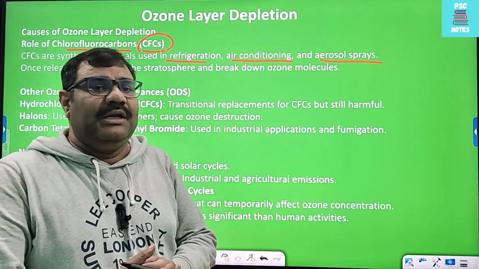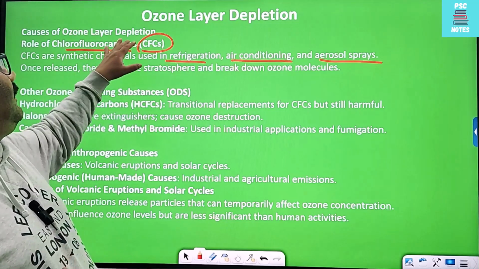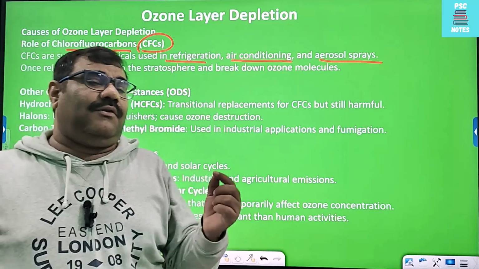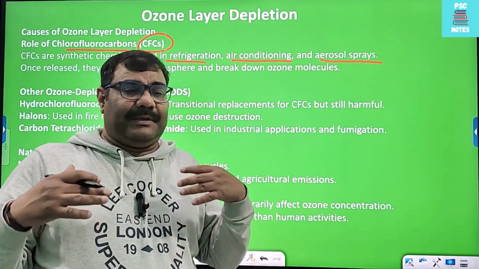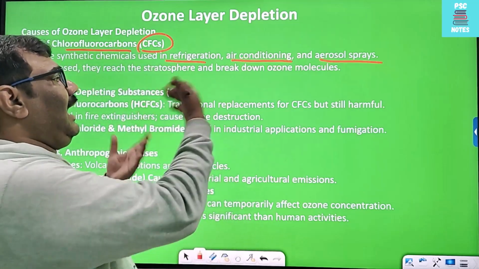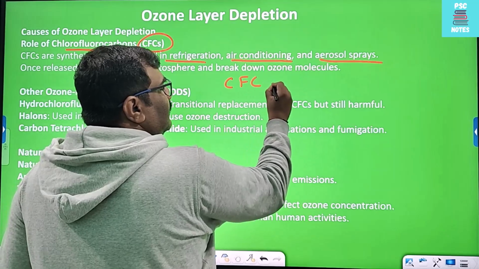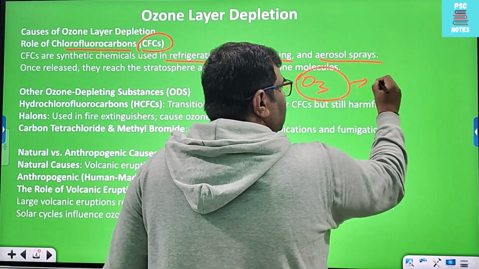But later on, why they affect the ozone layer so much is that one chlorofluorocarbon can destroy lakhs of ozone molecules.